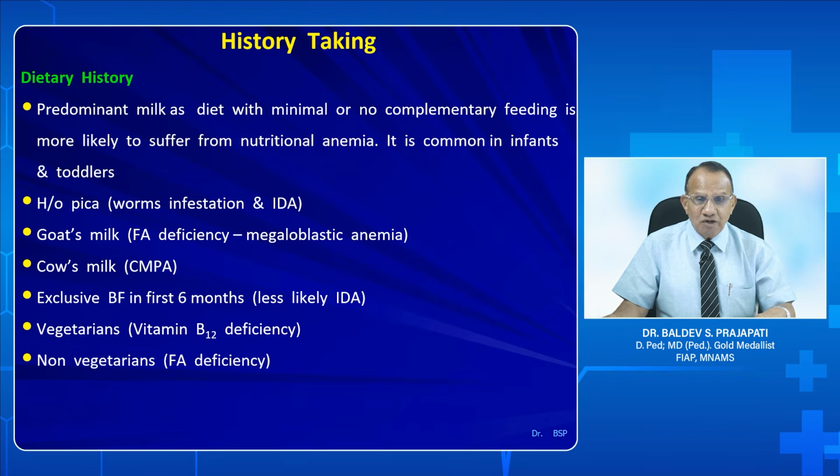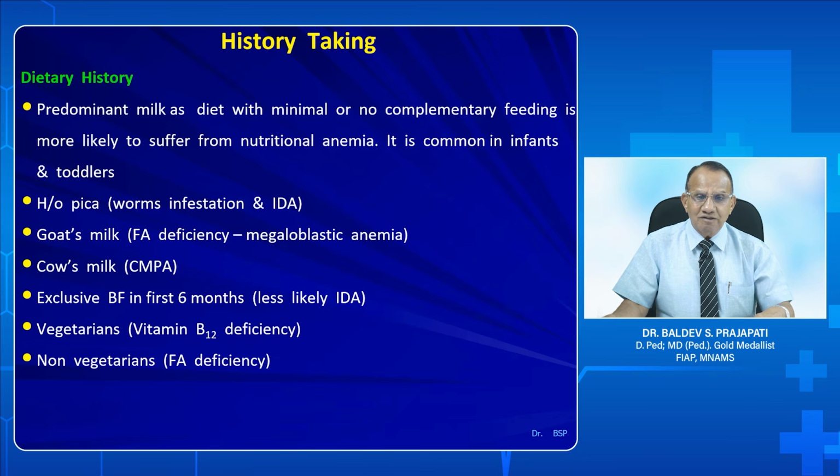Dietary history is very important. In infants and toddlers it is seen that when there is predominantly milk as the diet, particularly after 6 months, where complementary feeds are not started and the child is only on milk, sometimes a liter in a day or more, these children look good from a nutritional weight point of view, but anemia is very significant, and that is seen in infants and toddlers.